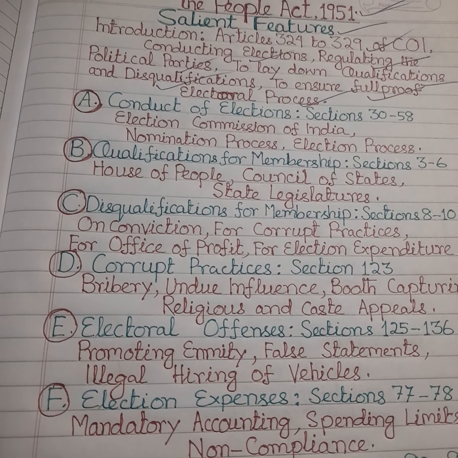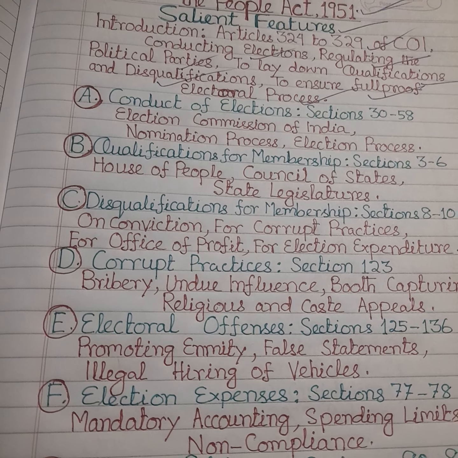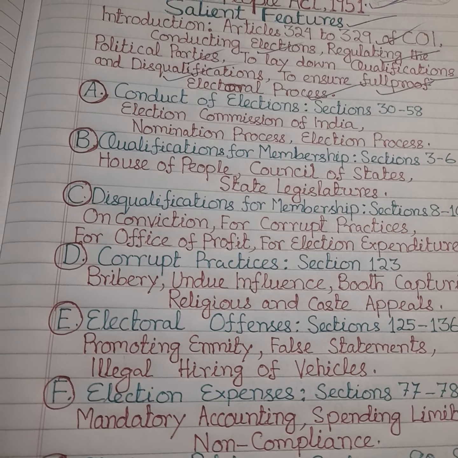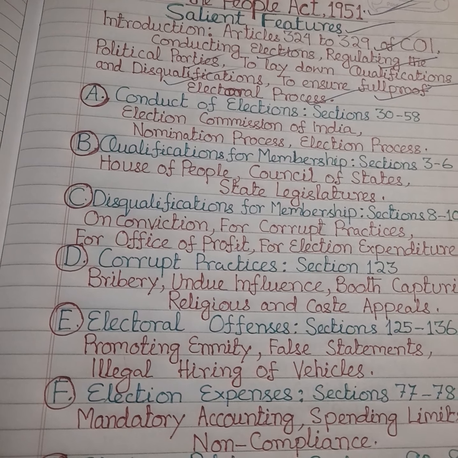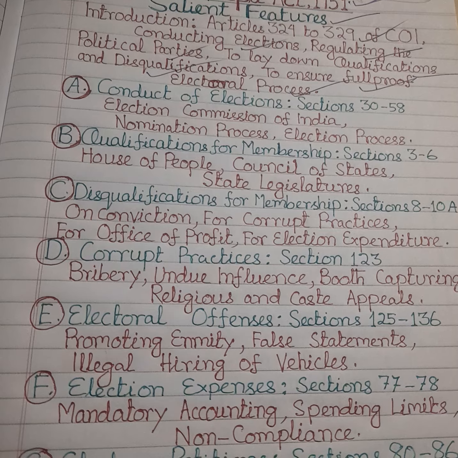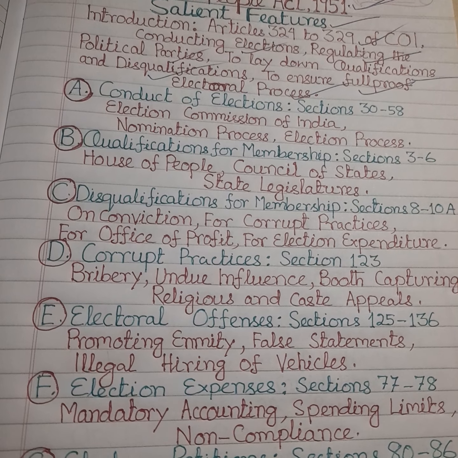electoral process. The Act has been amended several times to adapt to the changing political and social landscape, including the incorporation of measures to curb electoral malpractices and improve the democratic process in India.